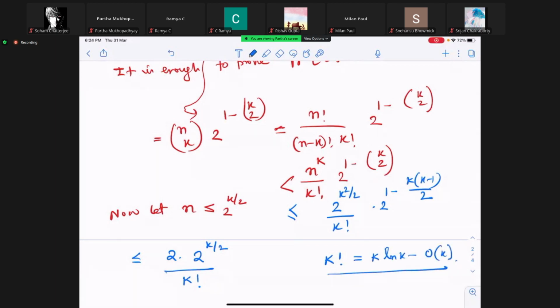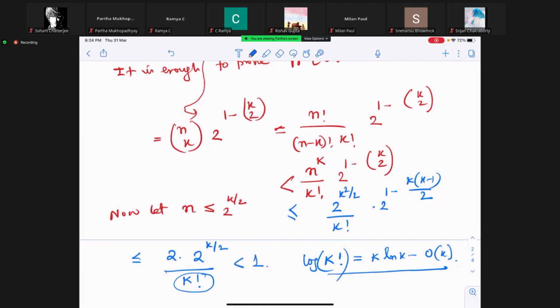Basically the growth of factorial k is much more than 2 power k by 2. It is like 2 power k log k type growth. So the denominator function is rapidly growing compared to the numerator function. This is well below 1.